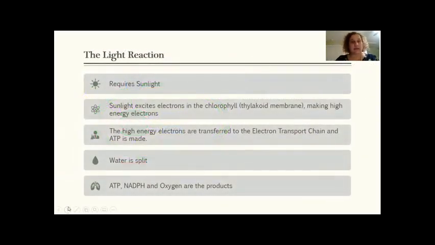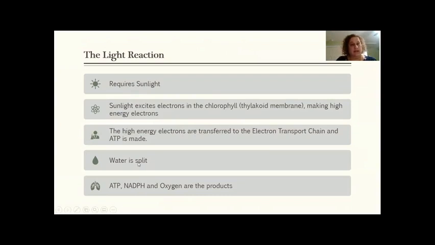Now let's summarize. The light reaction requires sunlight, and that's obvious because you need the energy from the sun to start this whole process of photosynthesis. The sunlight then excites electrons in chlorophyll, and those excited electrons go through a process where they become ATP. These high energy electrons transfer their energy through a process that we're not going to go into depth with right now, called the electron transport chain, and water is used.